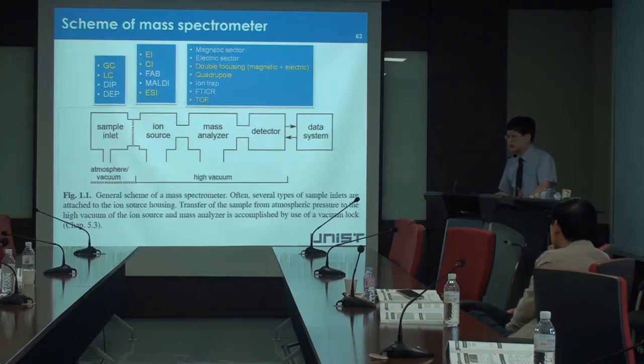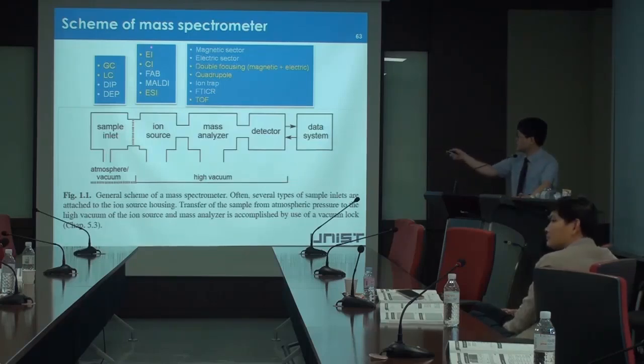Okay. So FAB and MALDI are widely used for biomolecules and large molecules. Our concern is relatively small molecular weights, around 300 up to 400. For these cases we use EI, CI, or ESI.